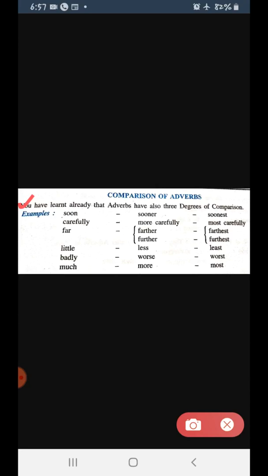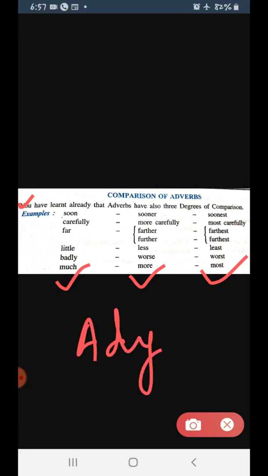So even in adverbs we get 3 degrees of comparison, just like adjectives.